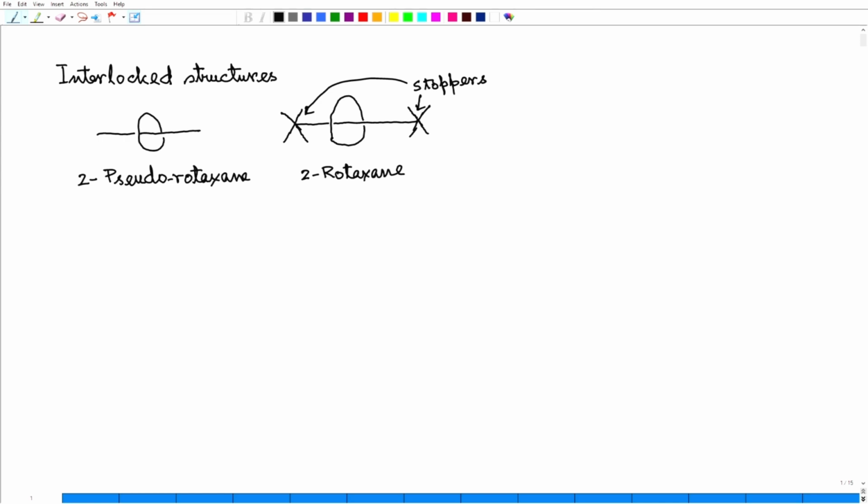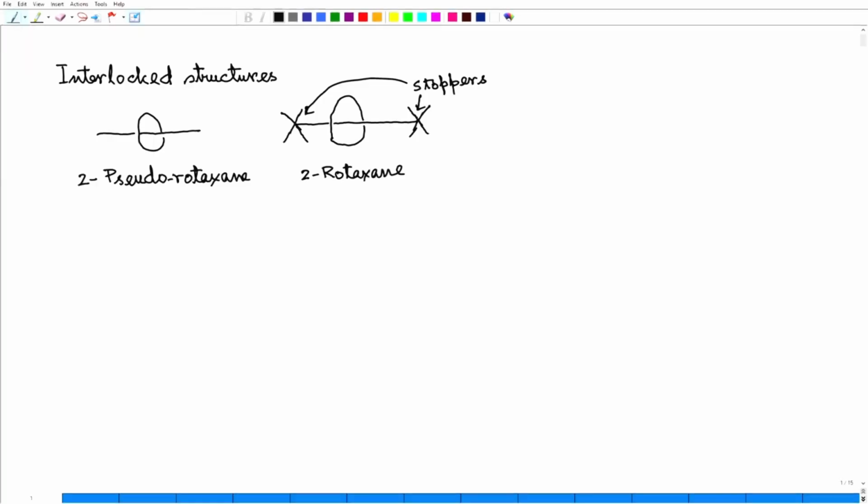As you can understand, with the pseudo rotaxane, I take a macrocycle and put the rod inside. Why it will go in will be obvious as we go along. Once it goes in, I can put a stopper here and a stopper here to get rotaxane.